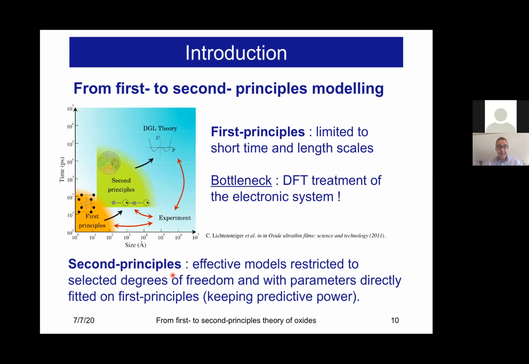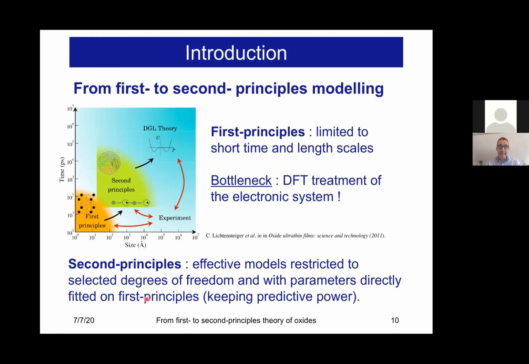So the idea that we have is to do some kind of multi-scale approach and to use what we call nowadays within the community second principle. It means that we want to build effective models that are restricted to a subset of interesting or relevant degrees of freedom, and with parameters directly fitted from first principles. So the idea is to keep the predictive power of first principles by saying, okay, we don't need experimental input.